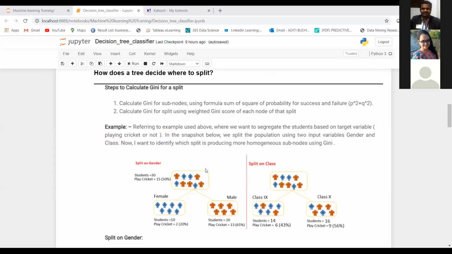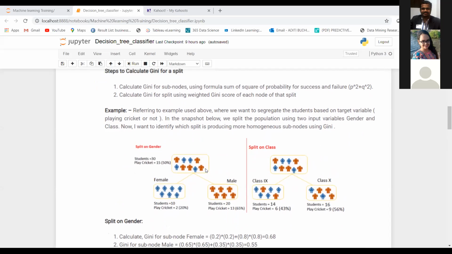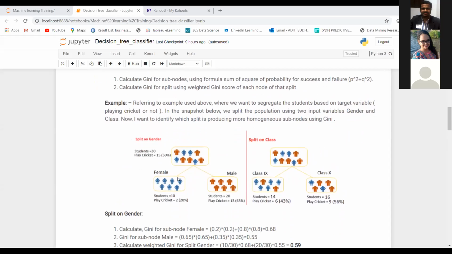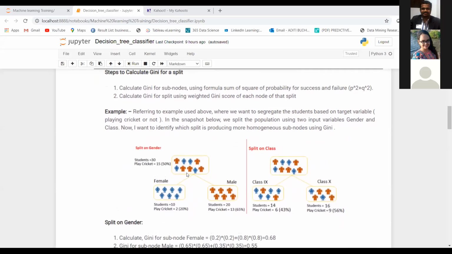Let us understand a little bit of the mathematics involved. I found this in one of the blogs, and the concept is very easy to understand, so I have used it over here.